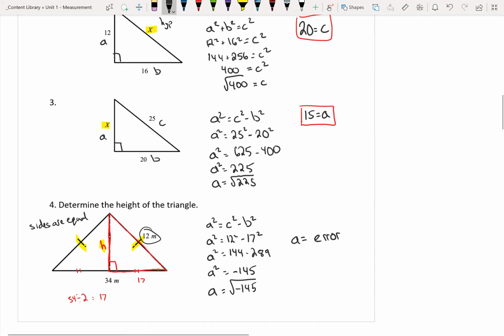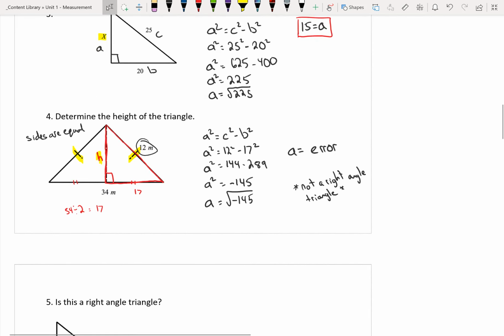So what this means is that this is not a right angled triangle. So that means that these dimensions, or this triangle does not exist as a right angled triangle. So we can't continue this question.